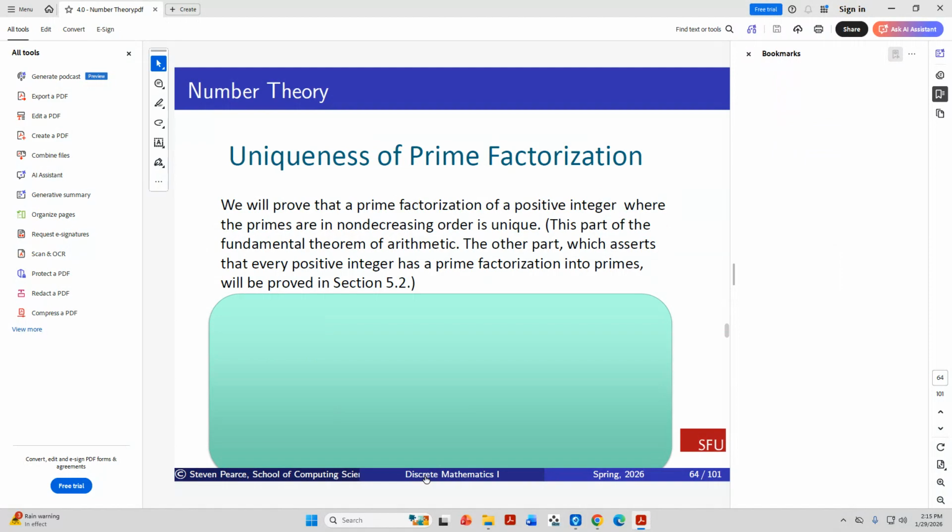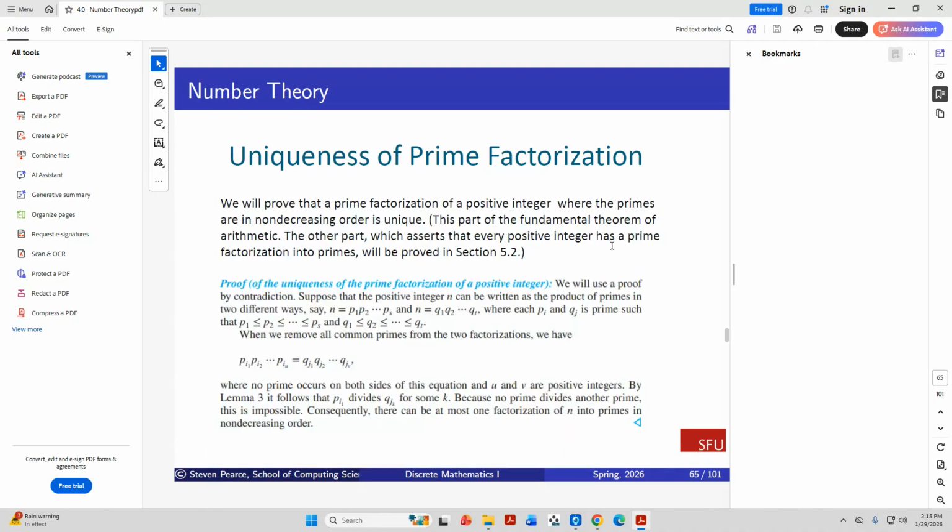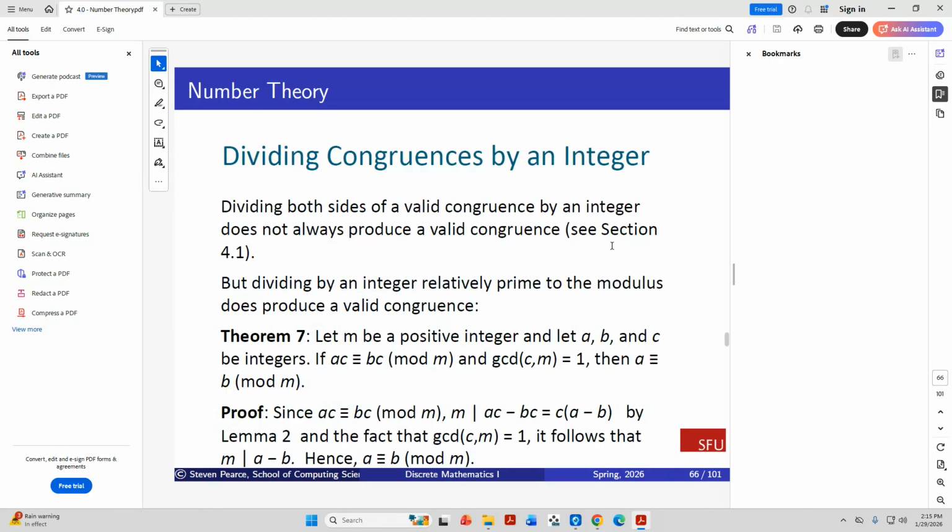This is part of the fundamental theorem of arithmetic. The other part, which asserts that every positive integer has a prime factorization into primes, needs mathematical induction. We did this already.